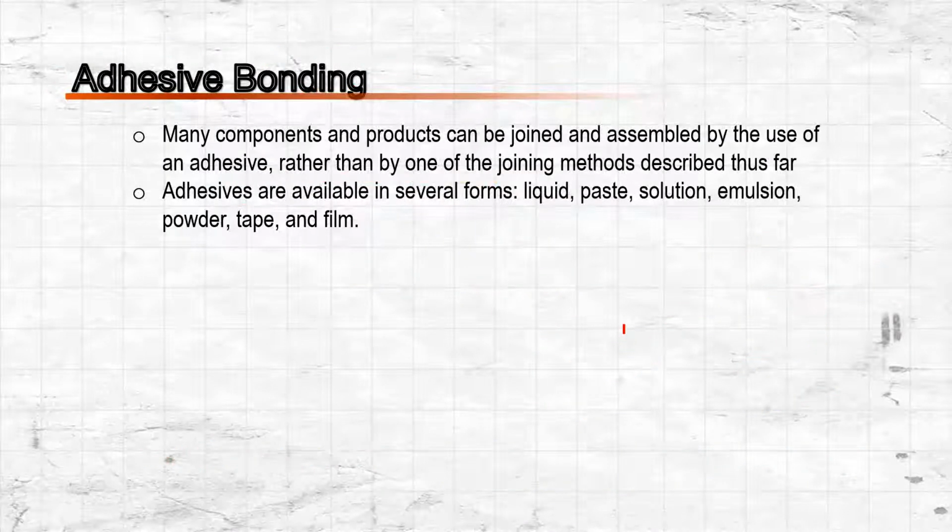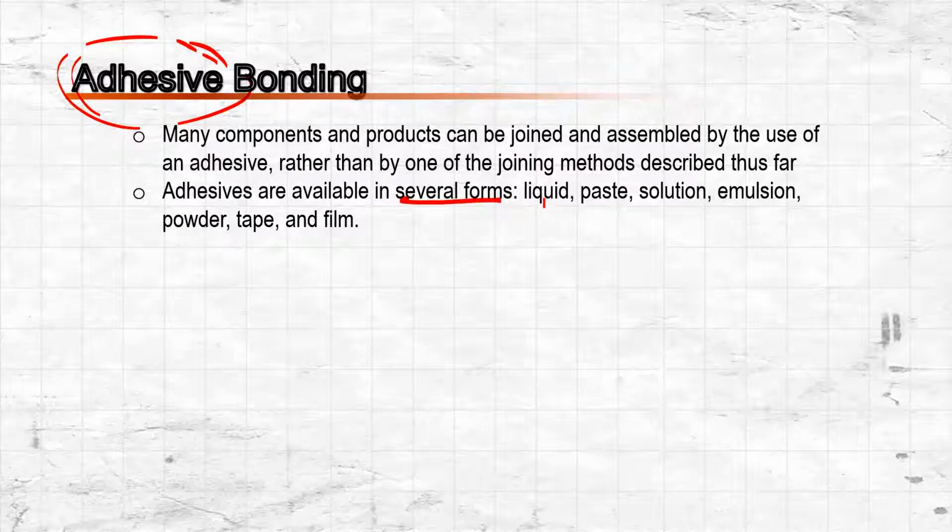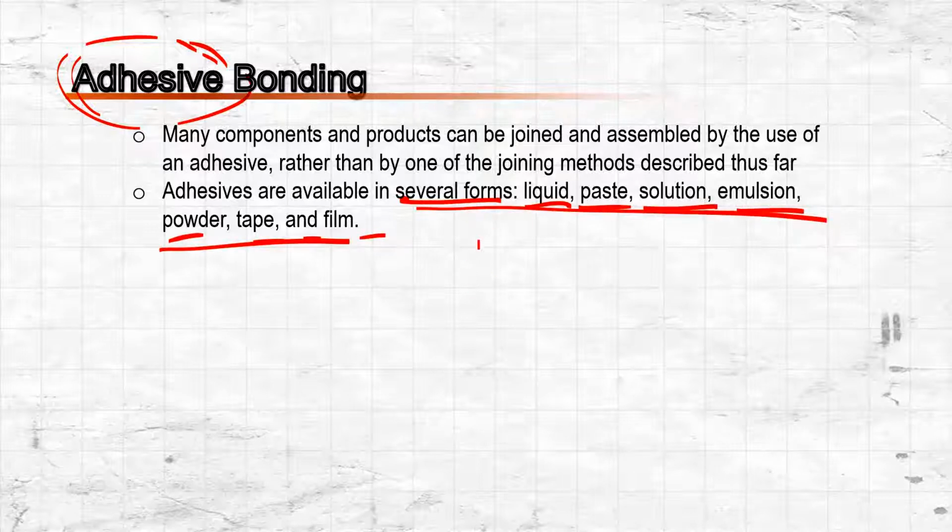Okay, and lastly, this is adhesive bonding. We can also join materials by the use of adhesives. Adhesives come in several forms. They are available in liquid form, or in paste, solution, emulsion, powder, tape and film.